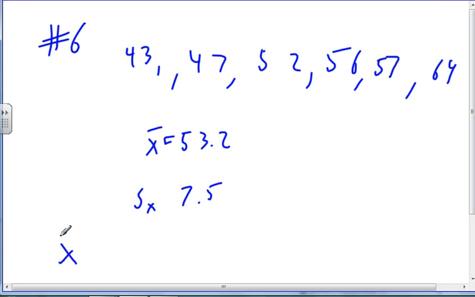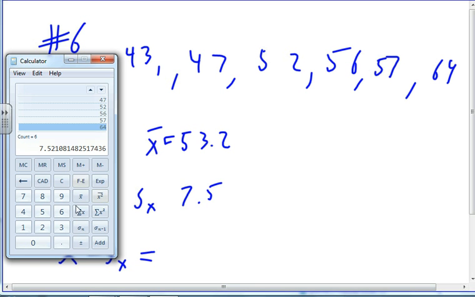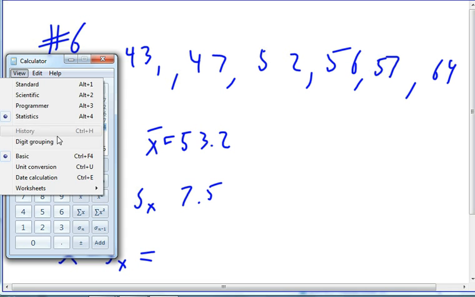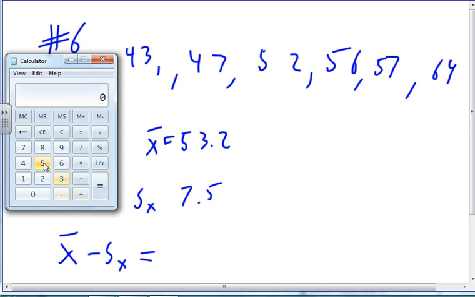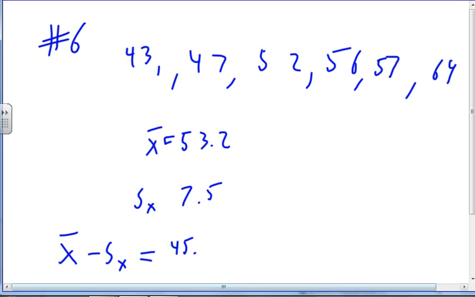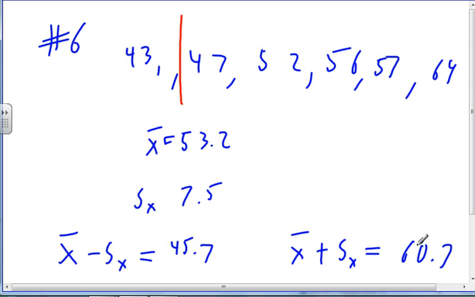Okay, so when I go x bar minus that, view to standard calculator, 53.2 minus 7.5 equals 45 point something. And when I go x bar plus the sample deviation, 60.7. Alright, so I've got a line sitting there, and a line sitting here.